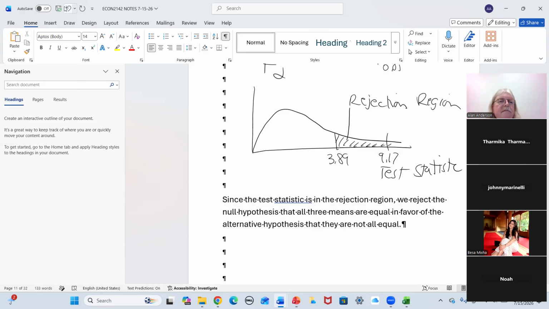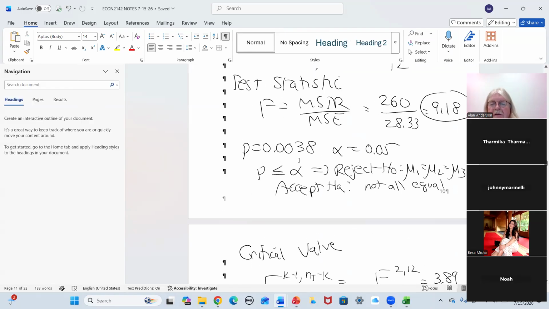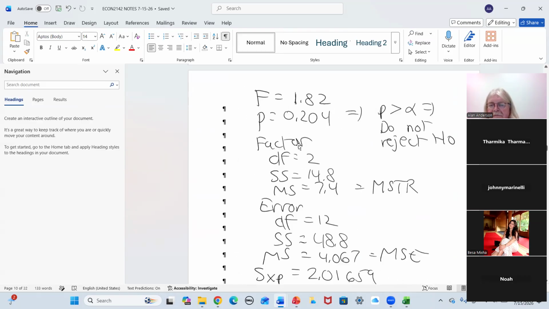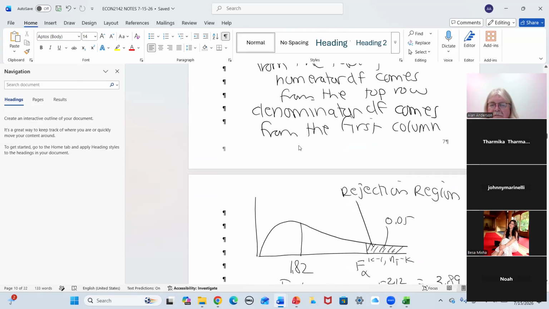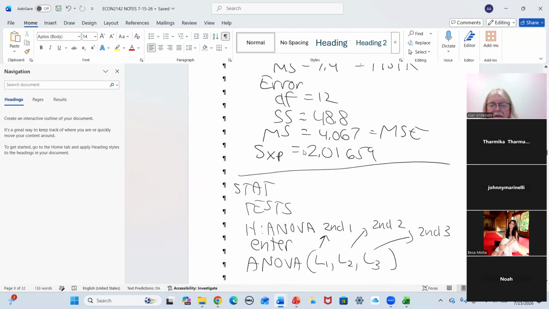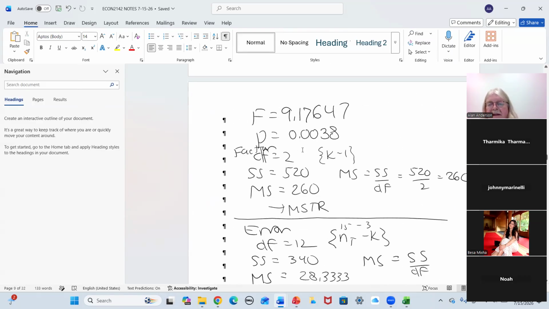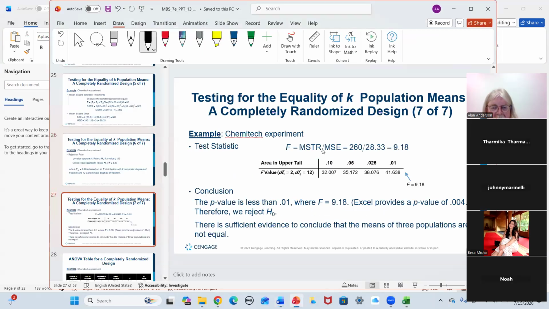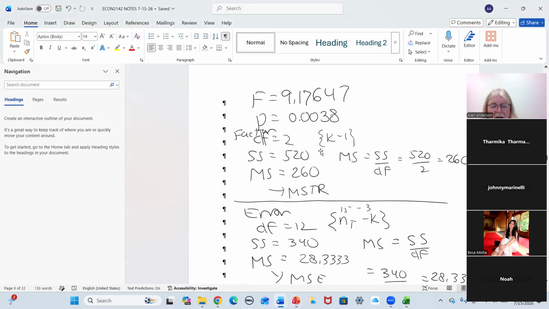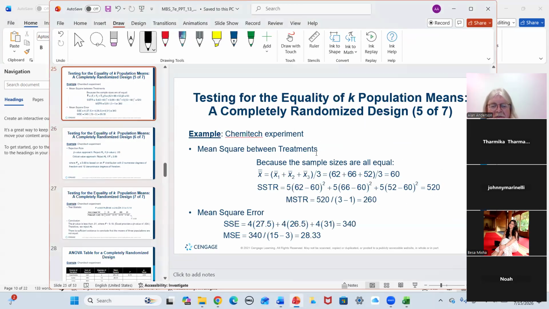Okay. So whether you use the test statistic critical value approach or the p-value, either way, you're rejecting the null, which means the means are not all equal. And again, if you notice, we got the same numbers they did. MSTR is 260, MSE is 28.33. Okay.